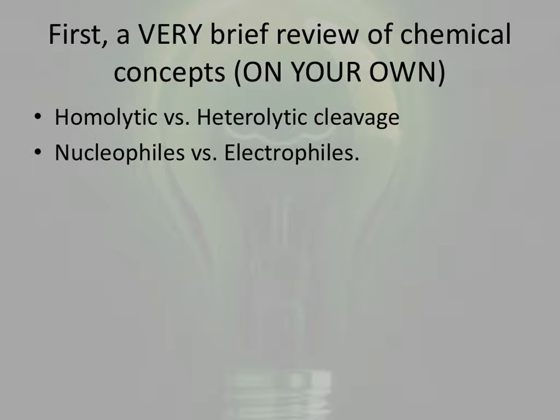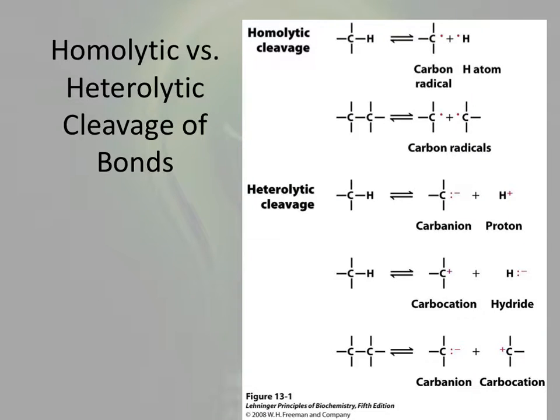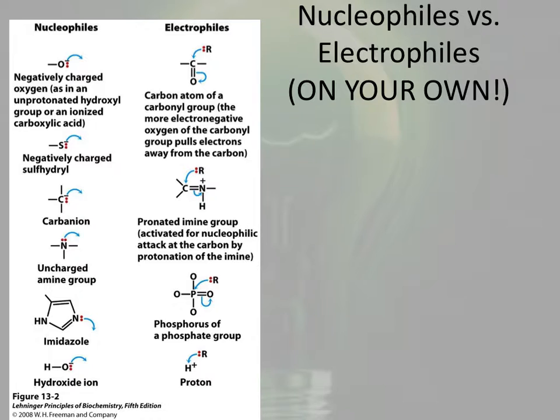Lone pair electrons. Electrophiles have to be something that's either positively charged or delta plus. This came right from your book. It shows the different examples, and you can look at that on your own for time's sake. They showed this in the very first chapter, and it's repeated once again, the different types of nucleophiles and electrophiles in biochemistry. So on your own, you want to review all of that.